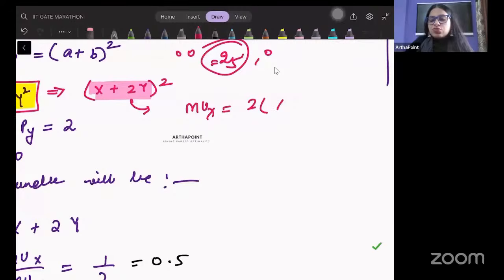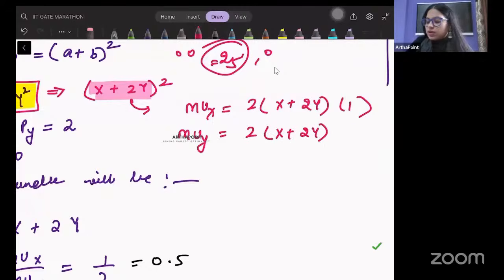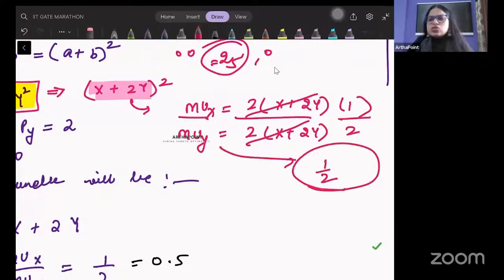Just apply the chain rule: 2x plus 2y into 1. When you find MUY, apply the chain rule: 2x plus 2y into 2. So in the MRS, this will get cancelled, half. Because this is just a monotonic transformation, MRS is not getting affected. So it does not matter. I don't want to consider the square.